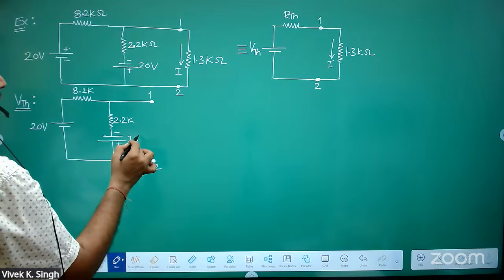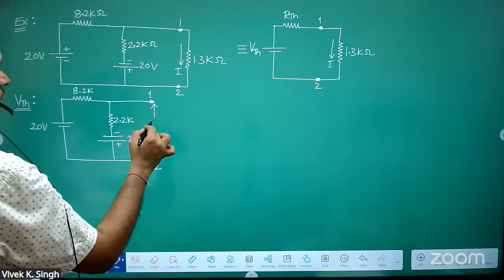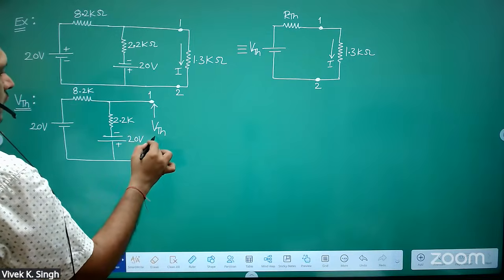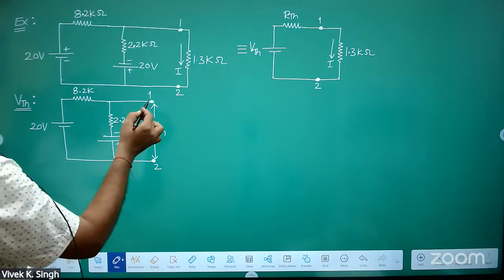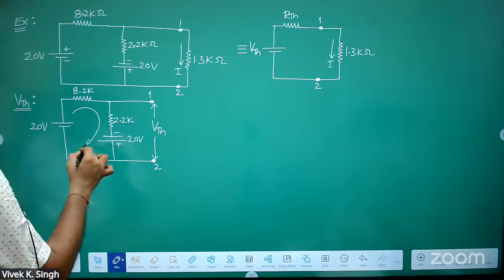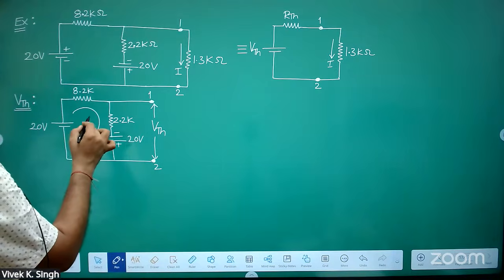This is 20 volt and this will be VTH. If you want to find VTH, let us first find this current, I dash.